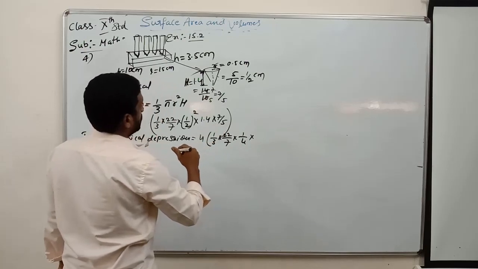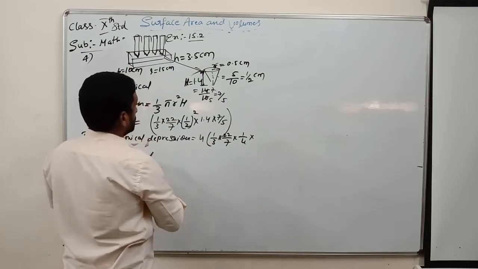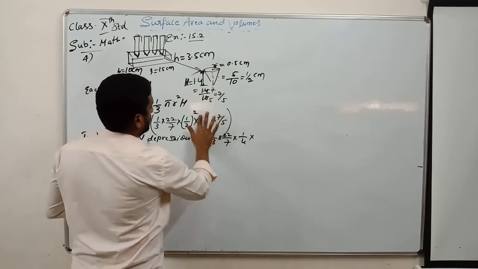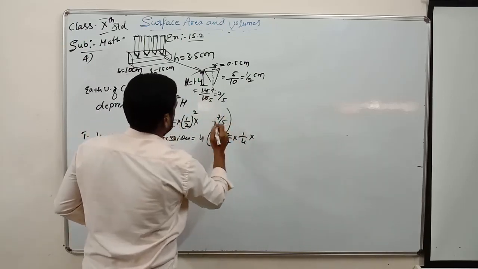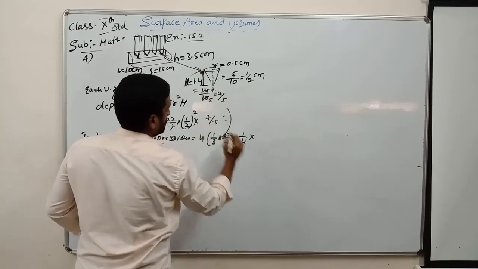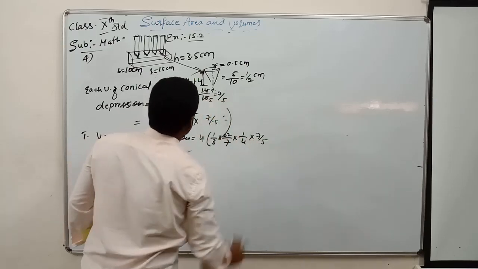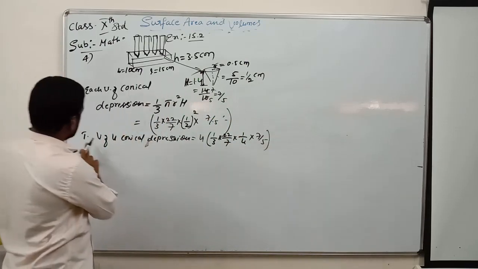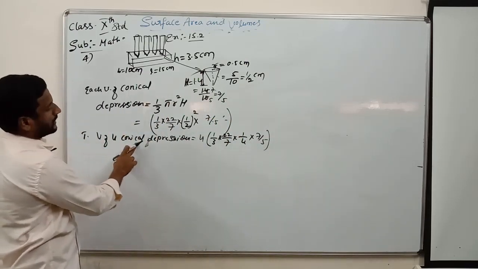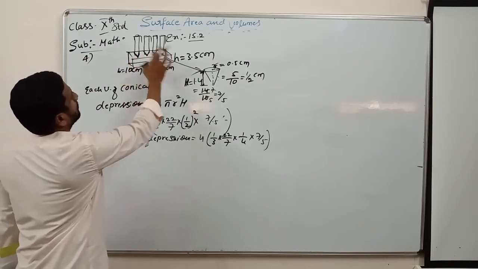So 1.4 is nothing but 7 by 5. So this gives the total volume of 4 conical depressions.